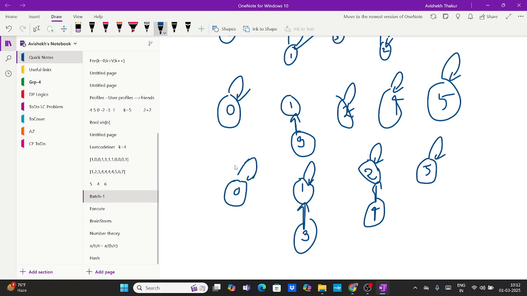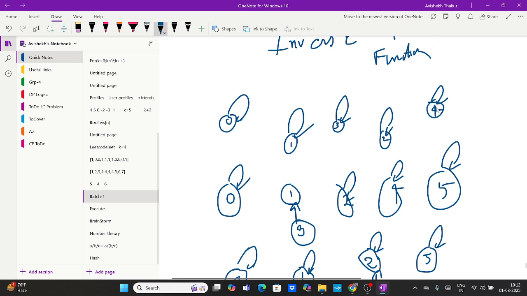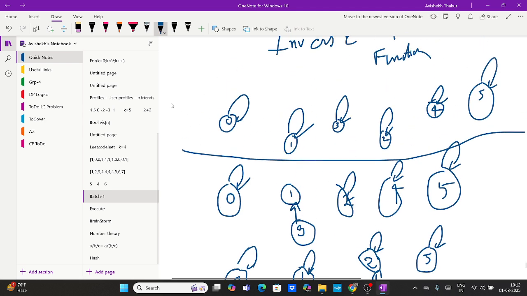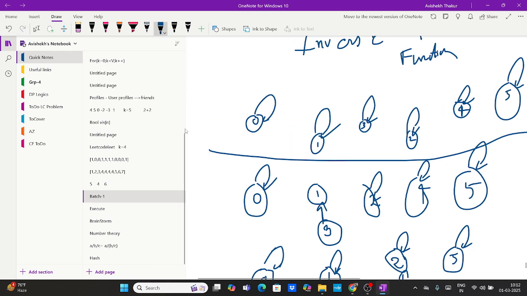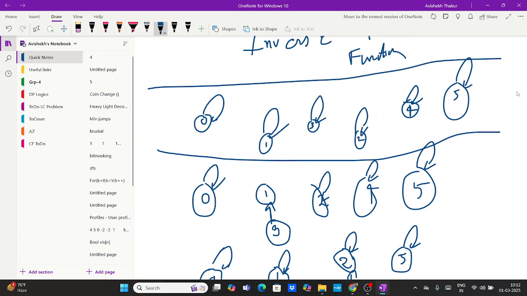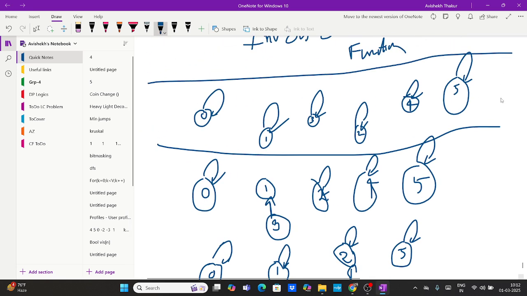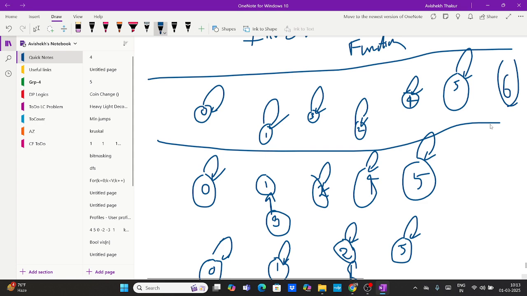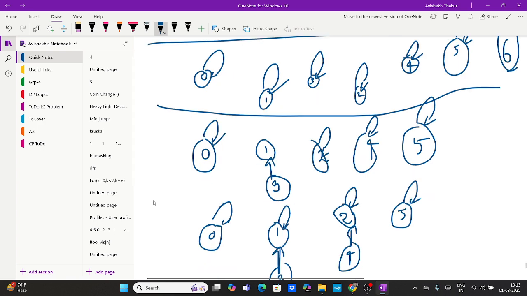The important part is, initially, how many components were there in the initial setup? There are 6, correct. There are 6 components in total. Can you observe any pattern?